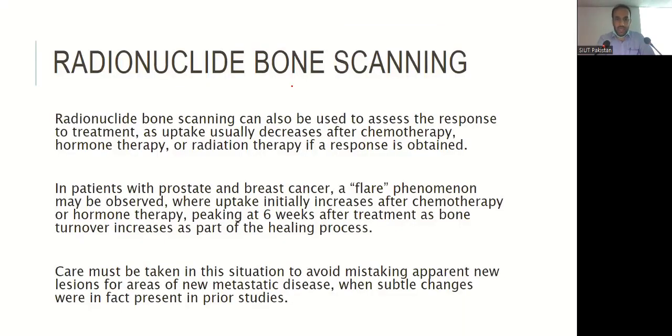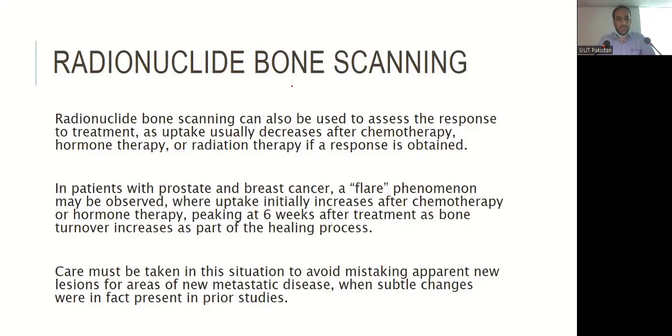Radionuclide bone scanning can also be used to assess the response to treatment, as uptake usually decreases after chemotherapy, hormonal therapy, or radiation therapy if a response is obtained.